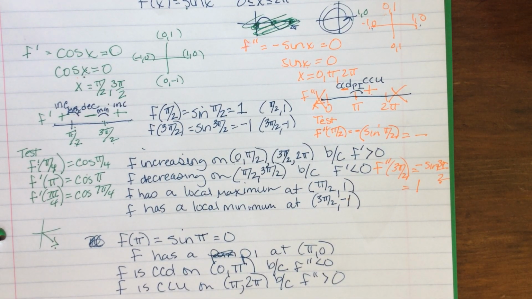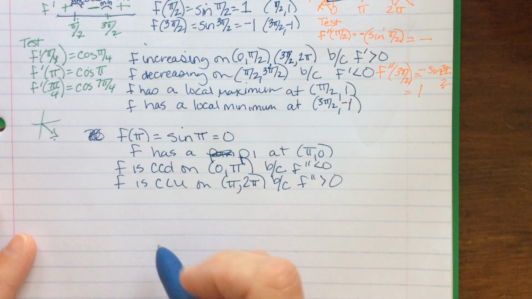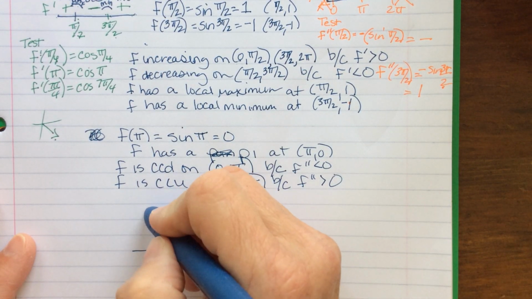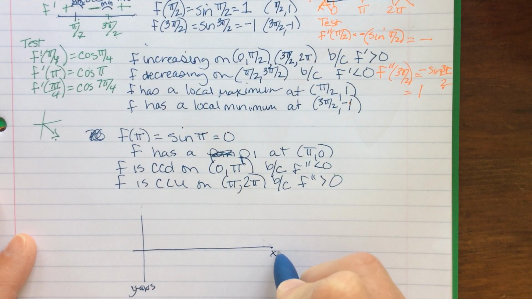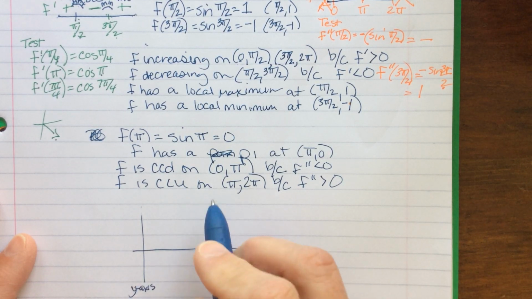Okay, so let's just take that information. I'm going to scoot this up as best I can. And if I really just wanted to take this information to sketch the graph, here's the y-axis, here's the x-axis. I'm going from 0 to 2 pi.